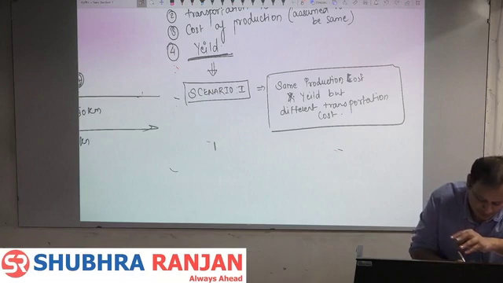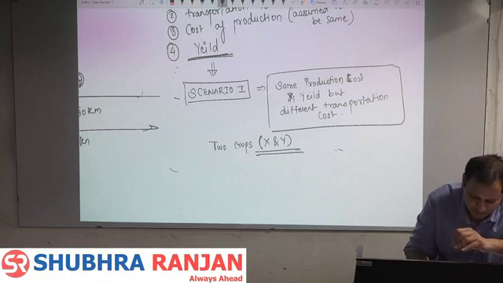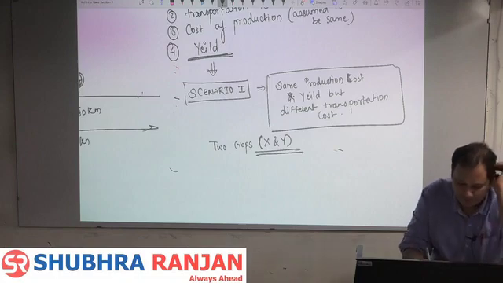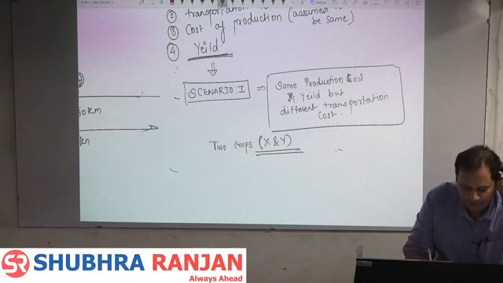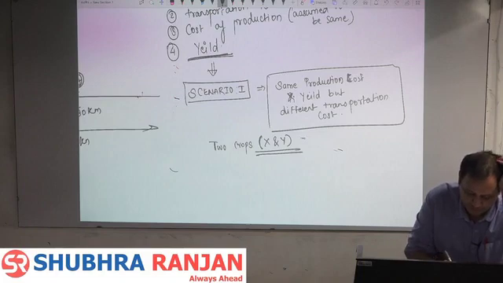In such case, two crops X and Y. The crop which is more costly to transport, we'll take for example X is more costly to transport.